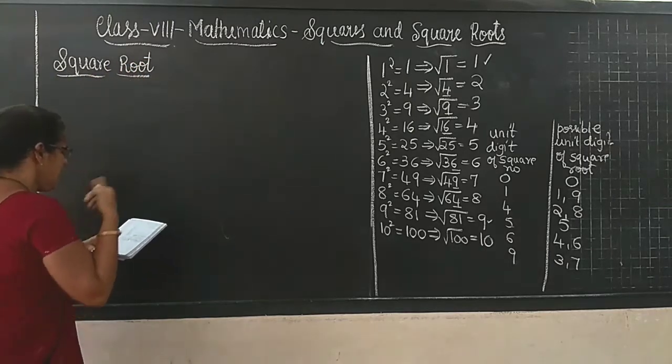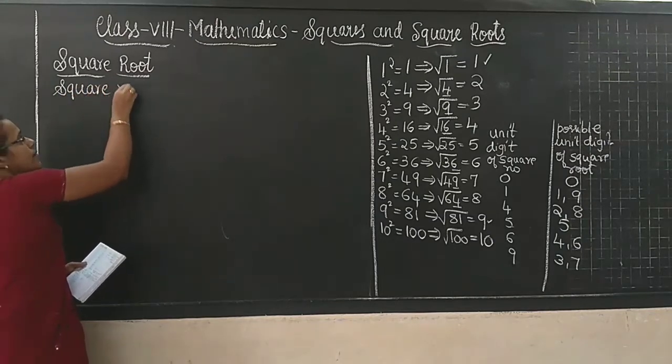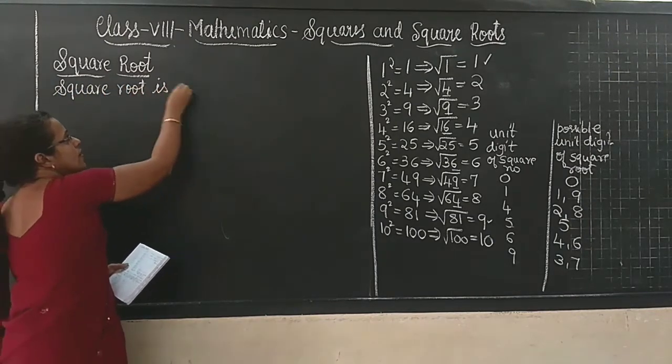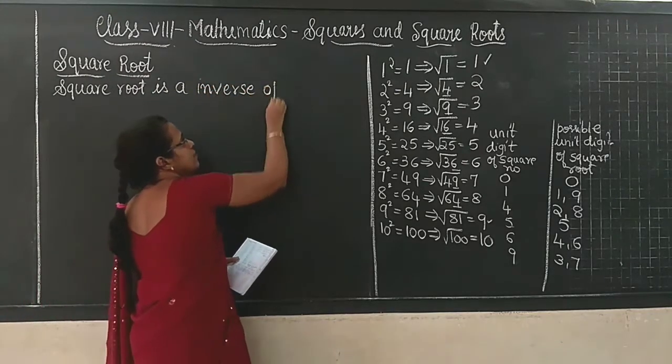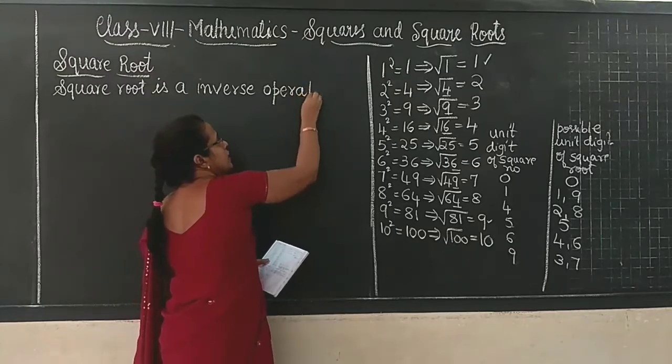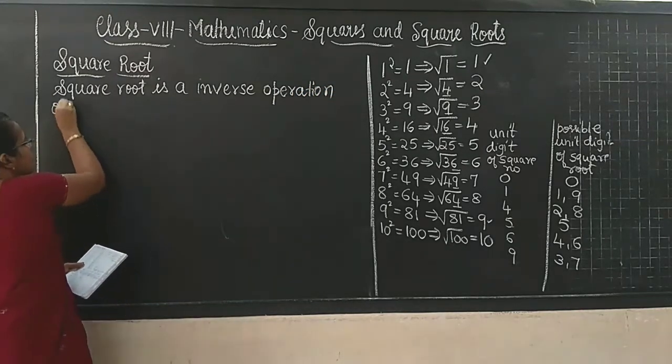Right here, square root is an inverse operation of squaring.